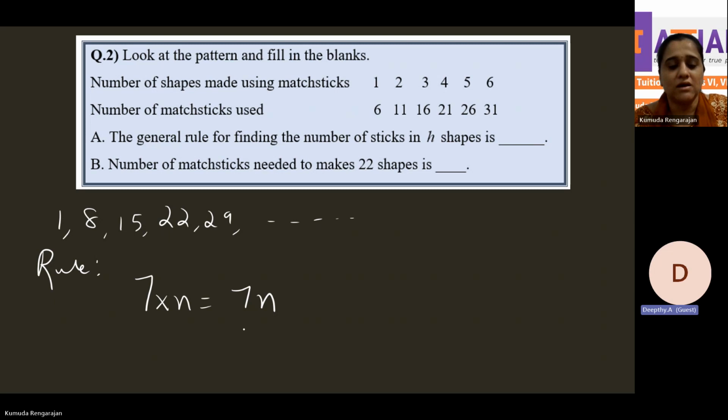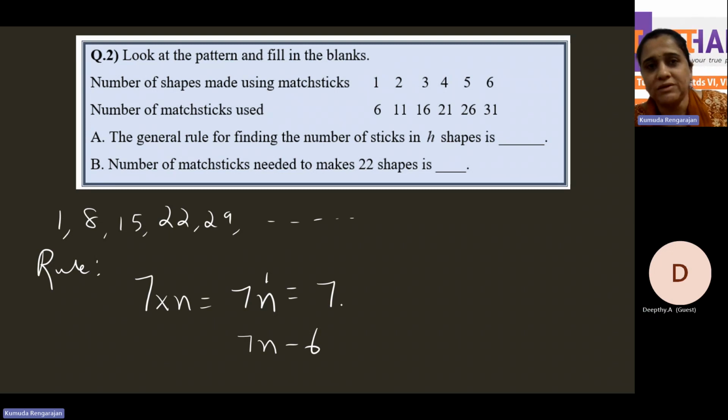If we take n as 1, what's the answer you get? 7. But what's the first term? The first term is 1. So minus 6. Very good. What's the rule, Deepthi? The rule is 7n or any variable minus 6. You understood this. Very good.